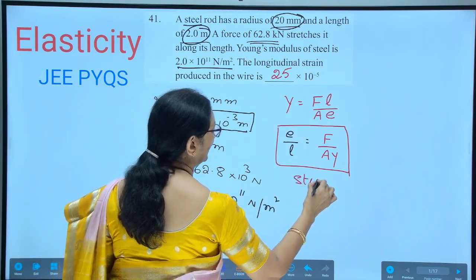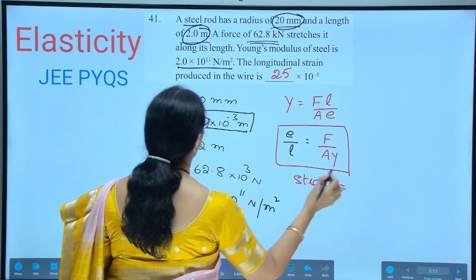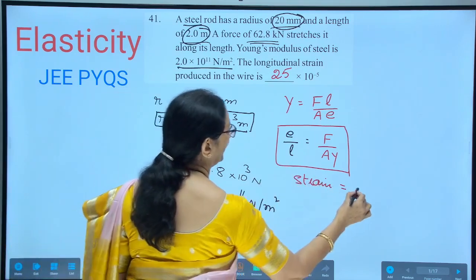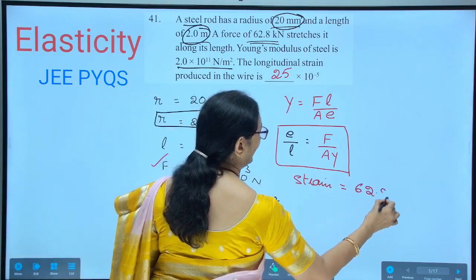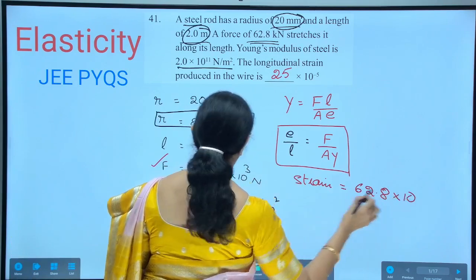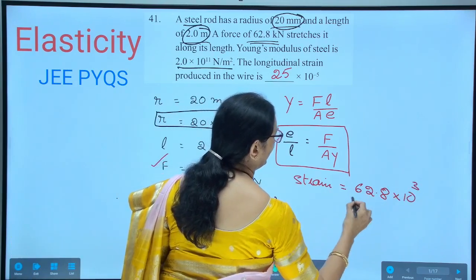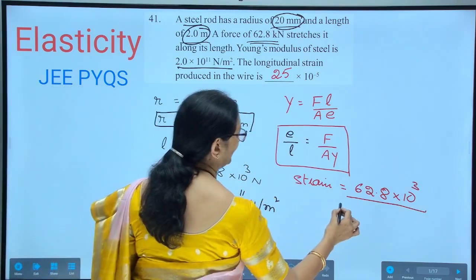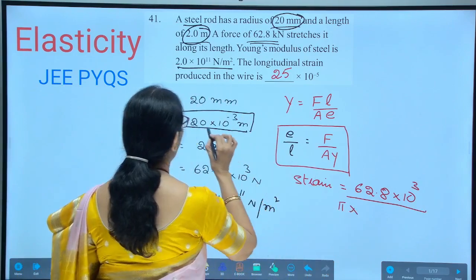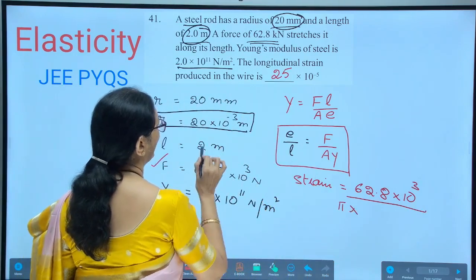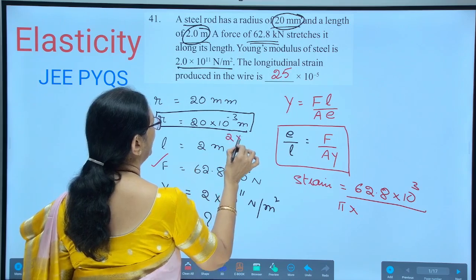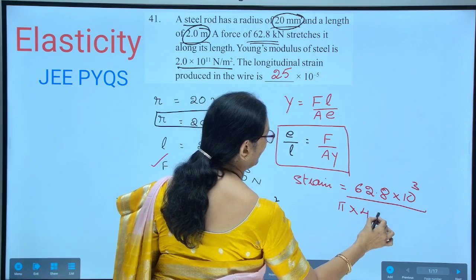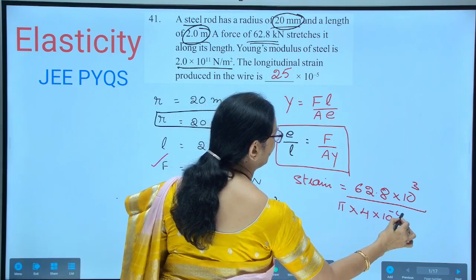So, longitudinal strain is F, the applied force, 62.8 into 10 to the power of 3, divided by area of cross section pi r square. r is 20 into 10 power minus 3, or 2 into 10 power minus 2. r square is 4 into 10 to the power of minus 4.